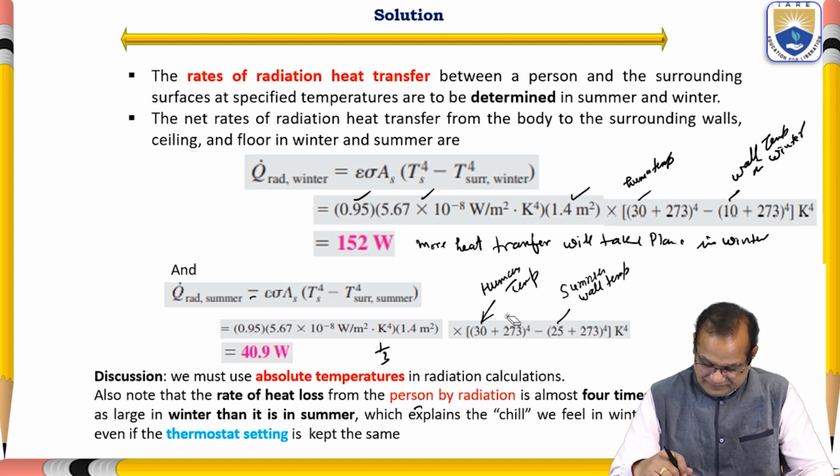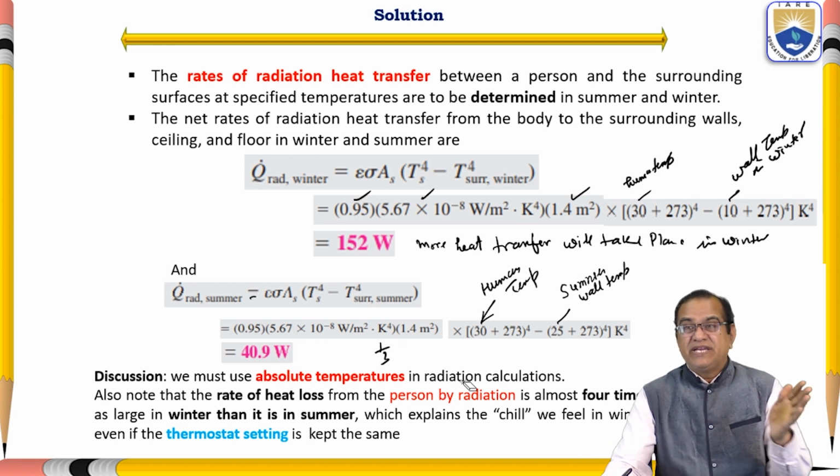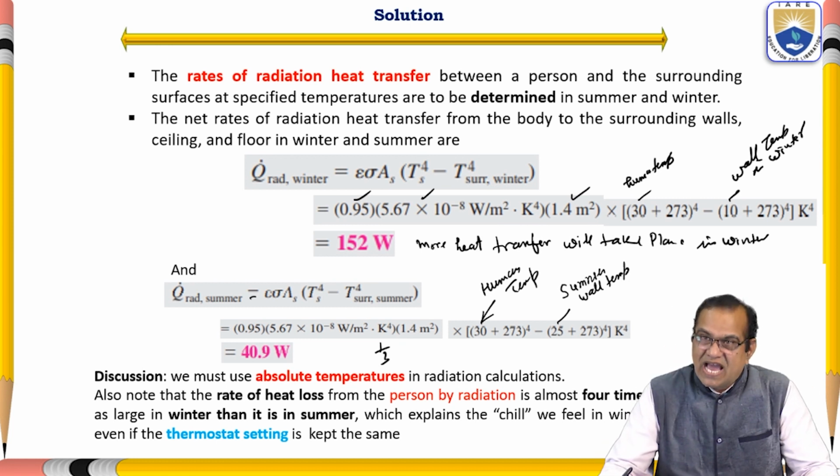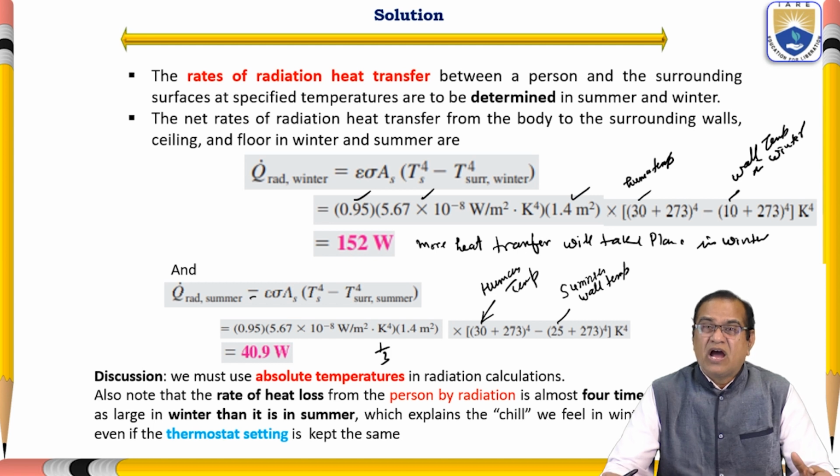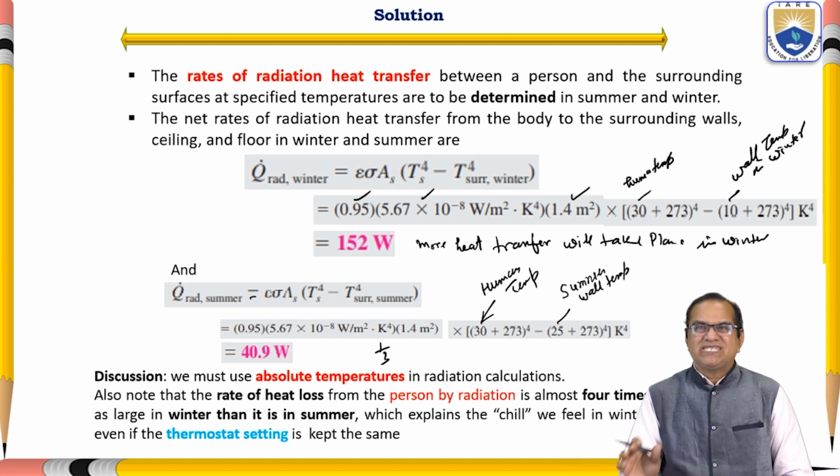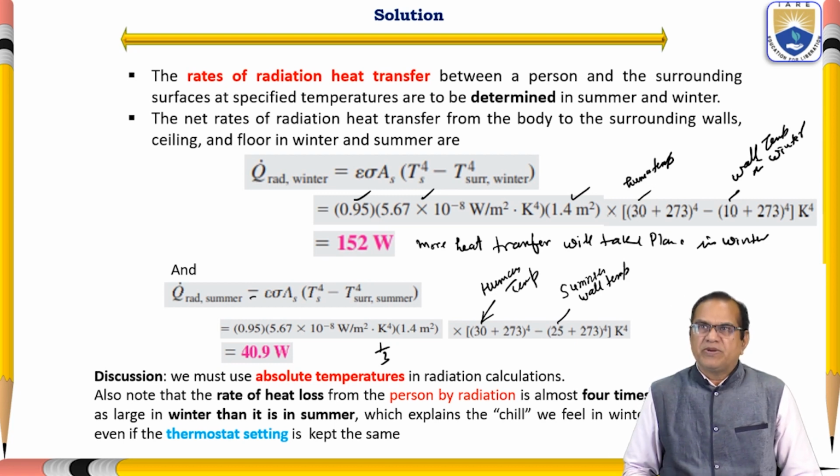So in winter we feel the chill because the heat transfer in the winter is very high compared to the summer. So in winter we feel the chilling effect. However, we have set the same temperature. So this is the discussion on this topic.